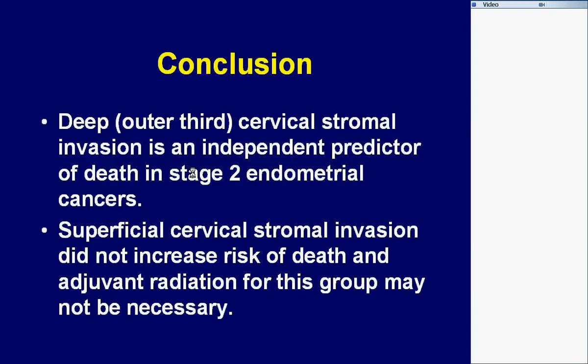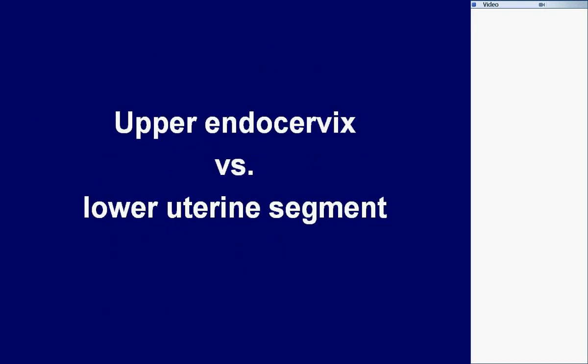And really, to cut a long story short, they are saying that only deep, outer one-third cervical stromal invasion is an independent predictor of death in stage 2 cancer. Superficial cervical stromal invasion did not increase the risk of death. So just to emphasize, it's the deep invasion which really is important, but obviously we need more studies to really verify something like this.